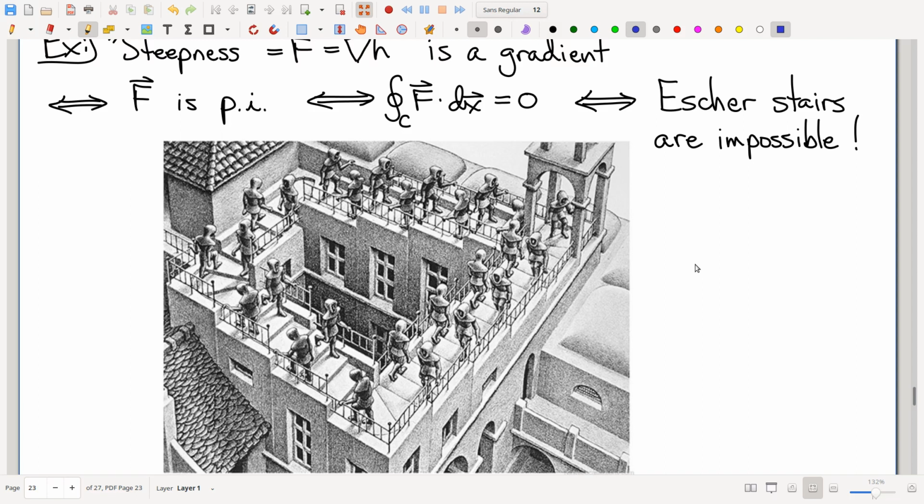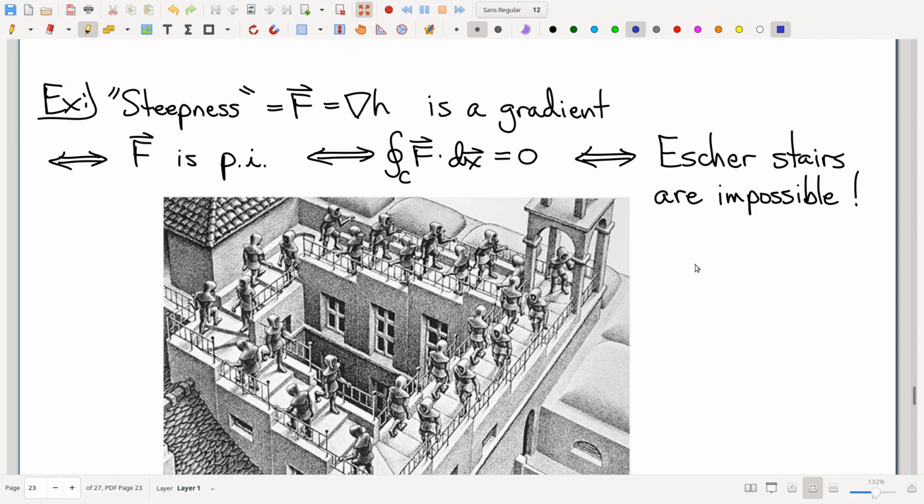So what we're going to do here is use this idea of path independence to at least give a mathematical expression of what our intuition tells us: come on, that's a bunch of nonsense. Okay, so here's the idea. I'm going to describe what I call the steepness vector field. It's just the gradient of the altitude function.